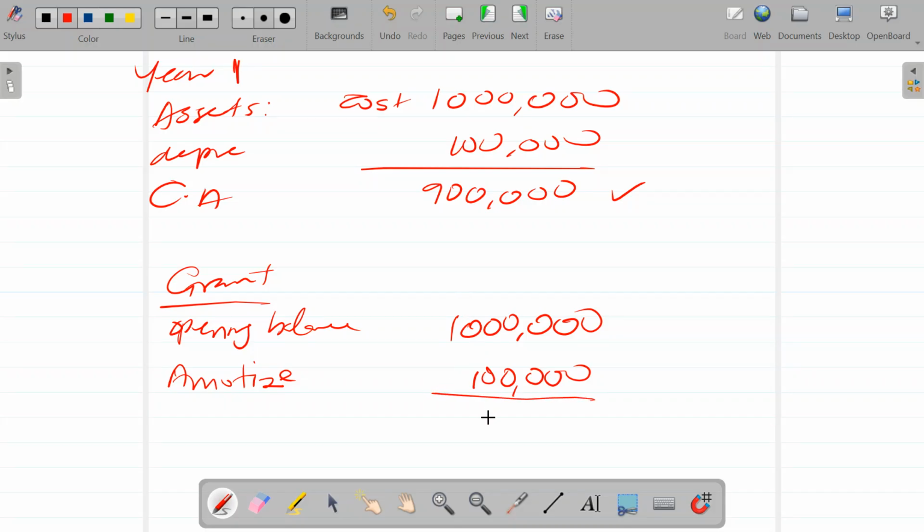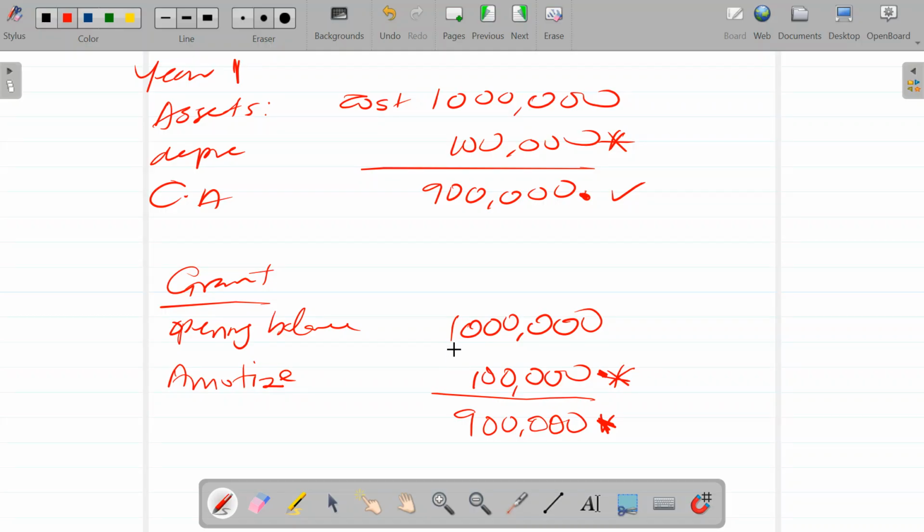Then the balance will be 900,000. So in our balance sheet, we will show the grants as 900,000, and the assets will also show 900,000. And this will go to the income statement. This will be the depreciation, and this will be the grant income.